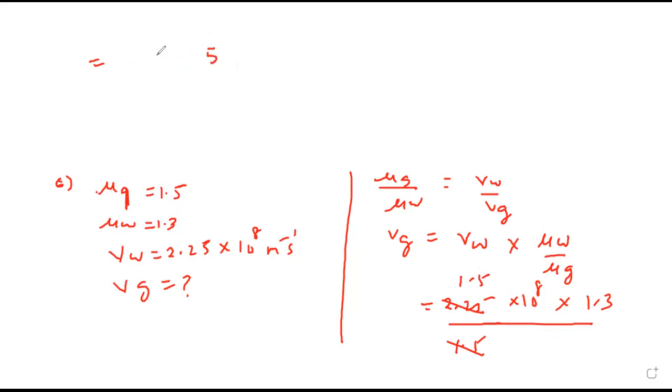Carry 6. 13 and 6 will be 19. So 1.95 into 10 raised to 8 meter per second. Copy this.